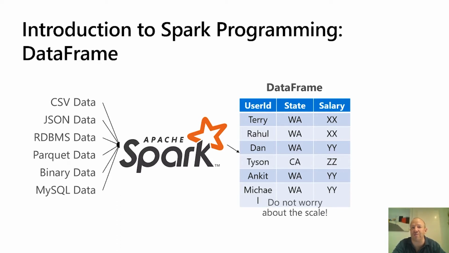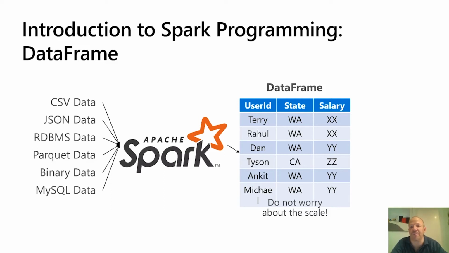Now, the data frame itself is designed in a way that you don't really have to worry about scale. So don't worry about having enough memory to have all the data from your Parquet file fitting into memory in the data frame, etc. The whole point is that Spark gives you a scale-out architecture so that you can scale out over large amounts of data. So if the data frame contains a few billion rows, if you have enough cluster size, even if you don't necessarily need everything in memory, you're fine.